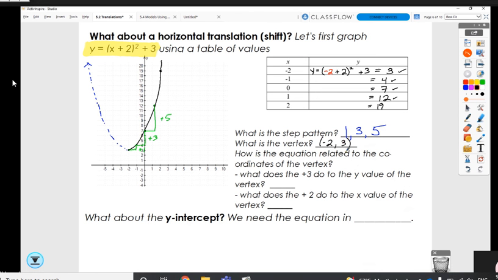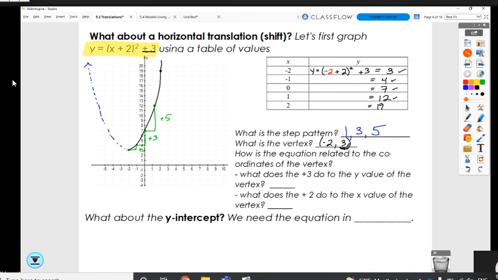Now, how is this equation related to the coordinates of the vertex? Because if you think about it, this plus 3, we're not too shocked by the plus 3, right? We know it went up 3, this vertex. But what about this -2? See how it says plus 2?